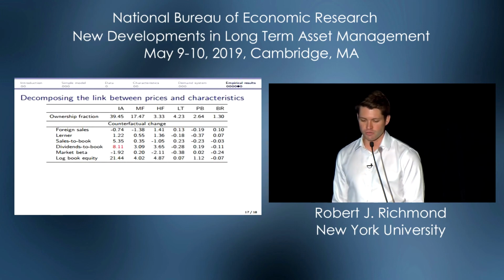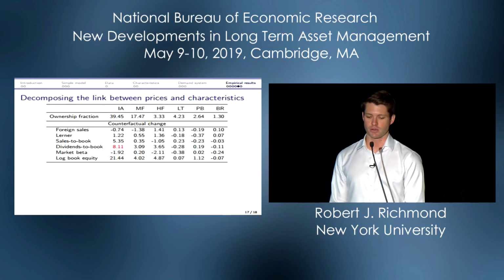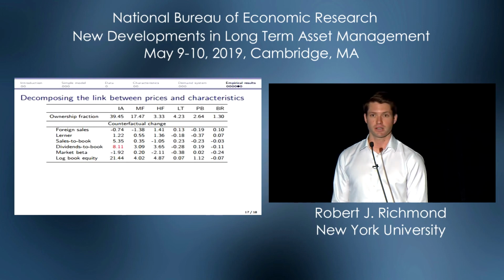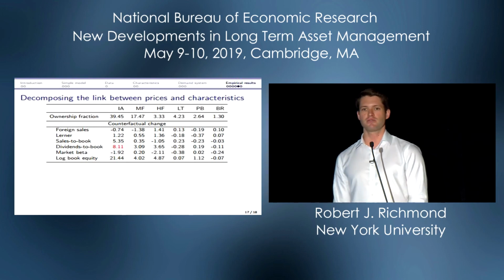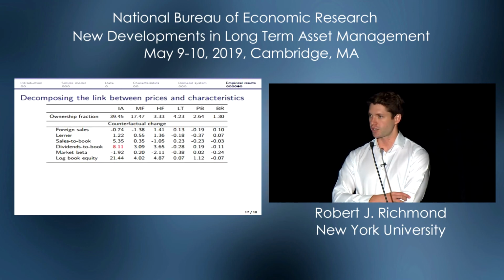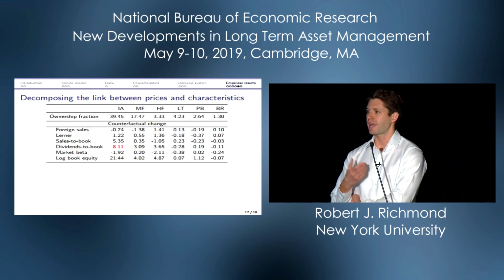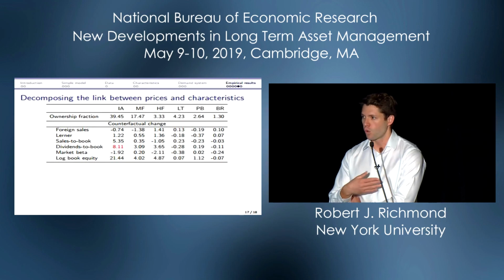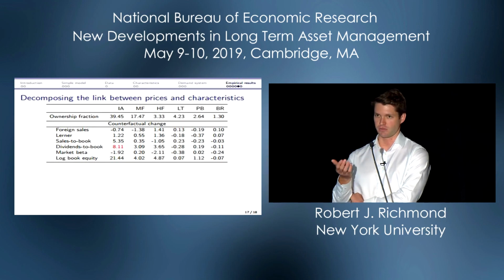We can focus on the coefficient on dividends to book here. All of the coefficients here are standardized. So when we change investment advisors to pure indexers, the relation between market-to-book ratio and dividends changes by 8.11% for a 1 standard deviation change in dividend to book.